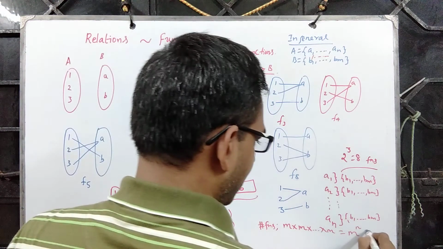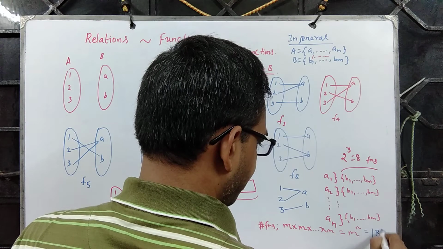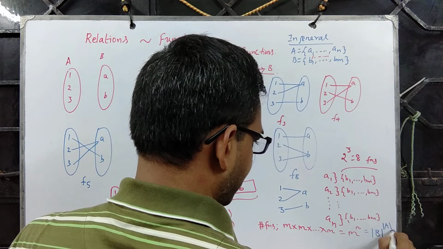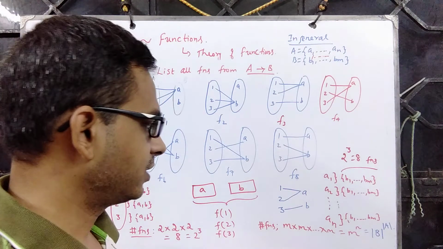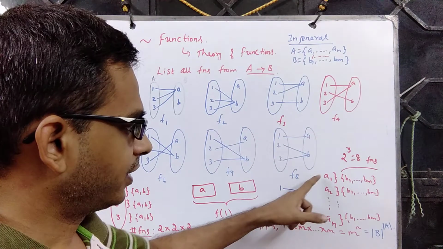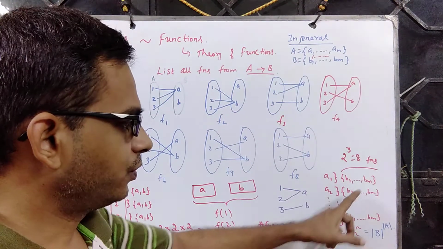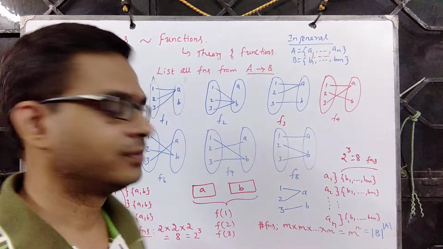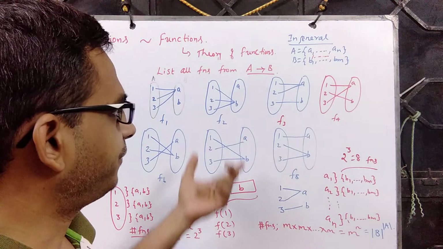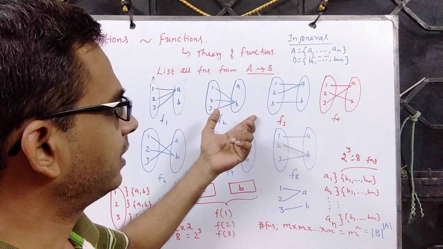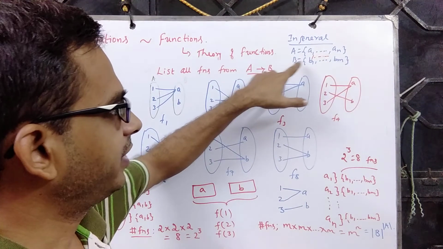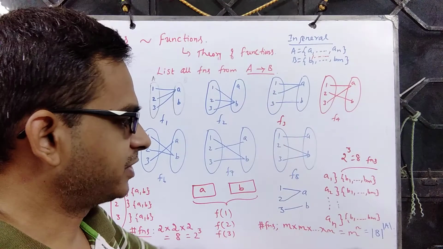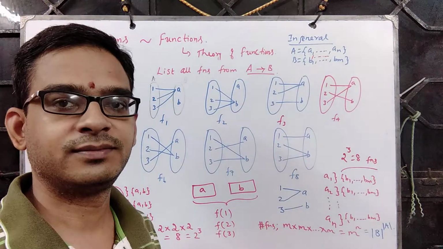In general, it is cardinality of B to the power cardinality of A. There are this many functions from the domain A to the codomain B. So how many different functions are possible, with A being A1 to AN and B being B1 to BM is precisely this.